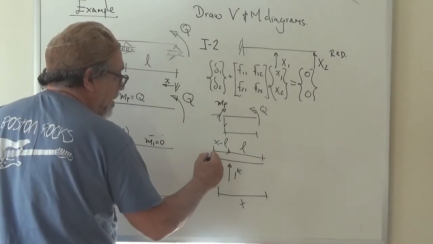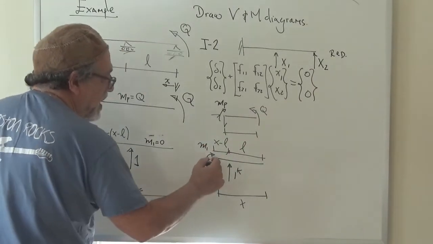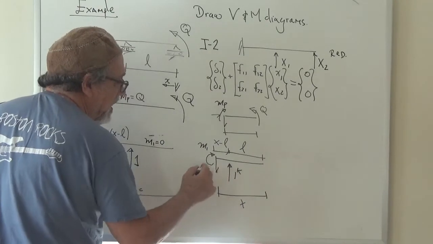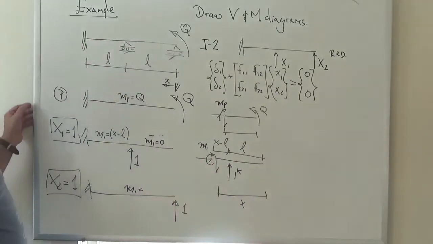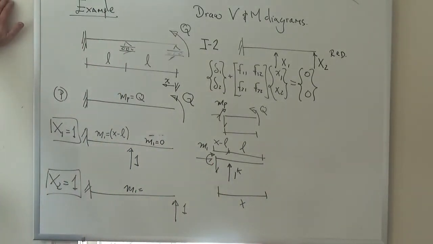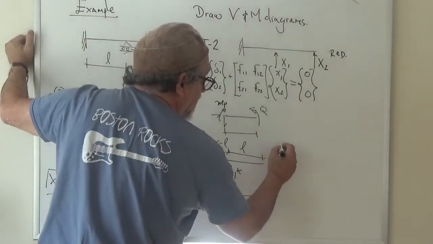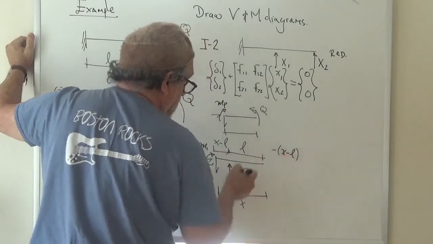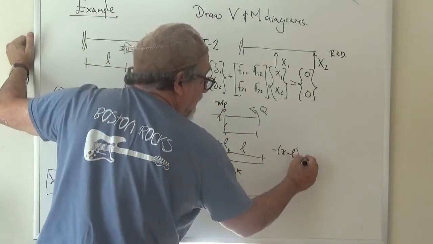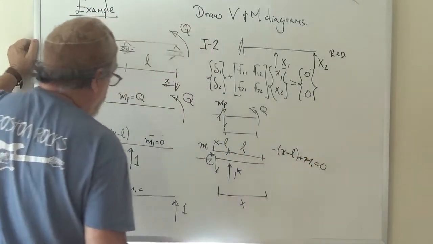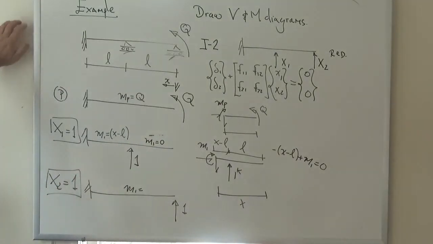So if I want my moment here to end up being plus, I would have had to choose it like that, right? So in that sketch, minus x minus L plus M1 is equal to 0, and therefore M1 is x minus L.